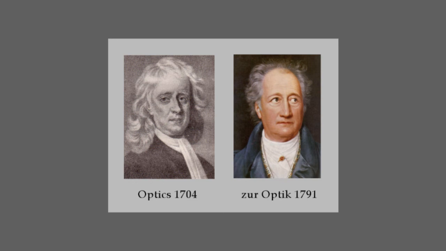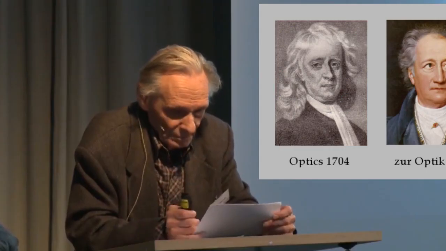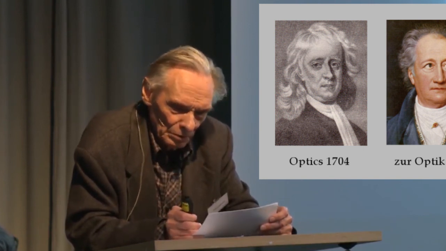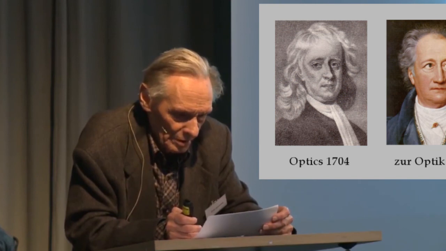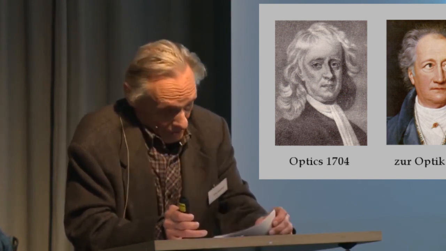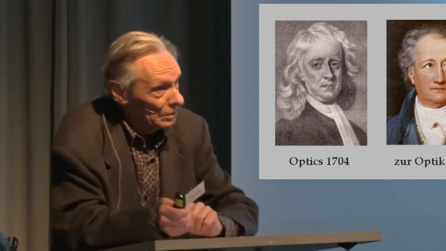Conclusion. By applying a Newtonian analysis to Goethe's experimental observations, I have shown that there is no essential contradiction between the two pioneers' contributions to color theory. They rather complement each other.